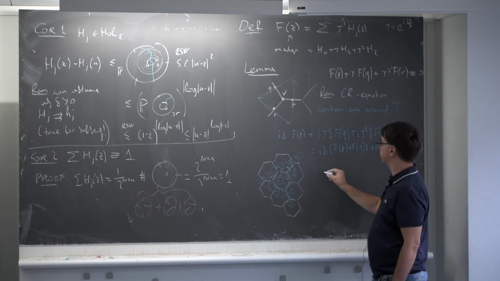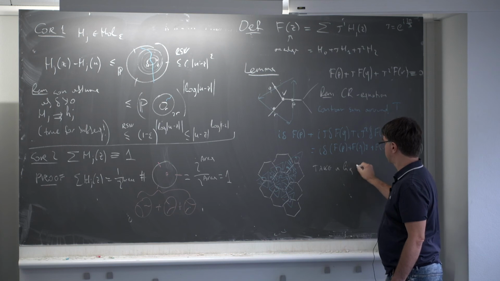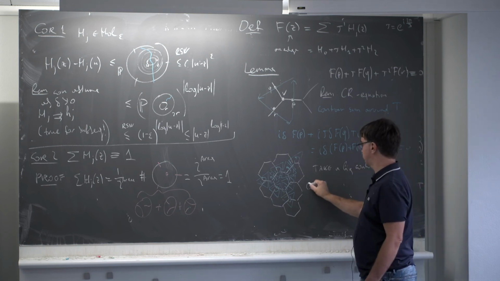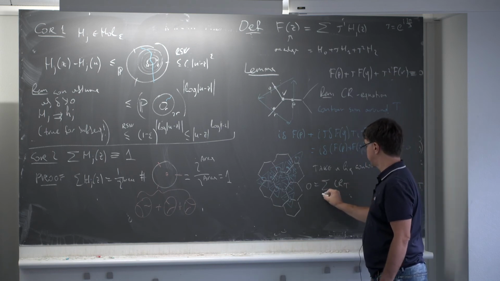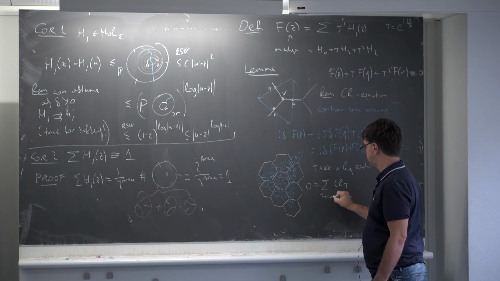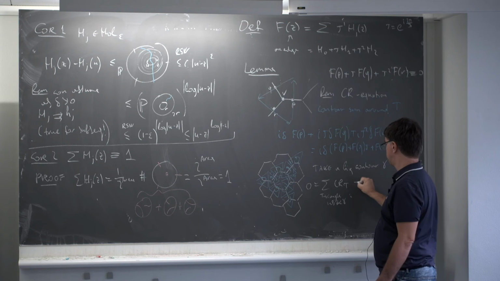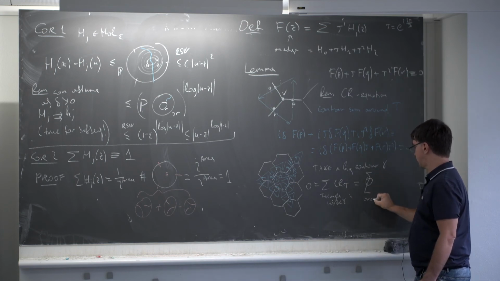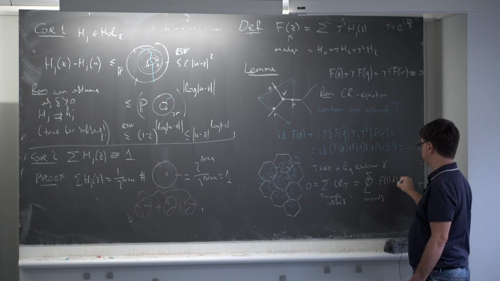So take a big contour gamma, then the 0 is the sum of this Cauchy-Riemann for T, where T is a triangle inside gamma, and this is just the contour sum around gamma of f of z dz.